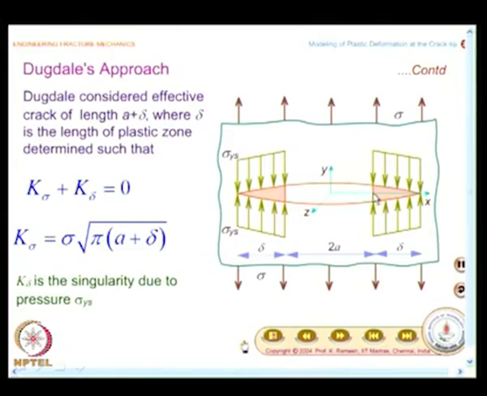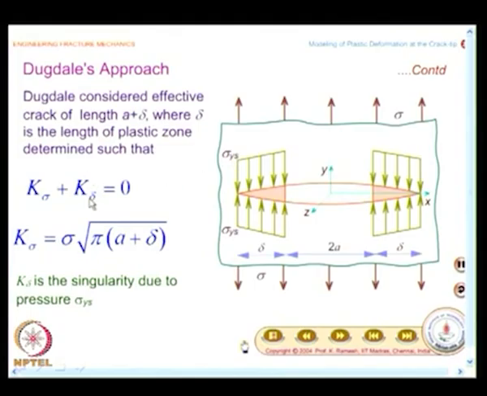He imagined that there is a plastic zone ahead of the crack tip, and he had recast the problem in such a manner that whatever is the stress intensity factor because of the applied loads, which is K sigma, he imagined that you have a cohesive zone which is compressed by the yield strength.